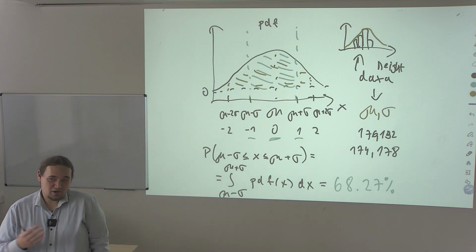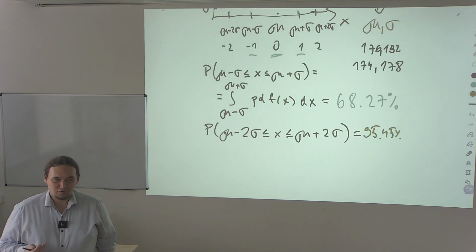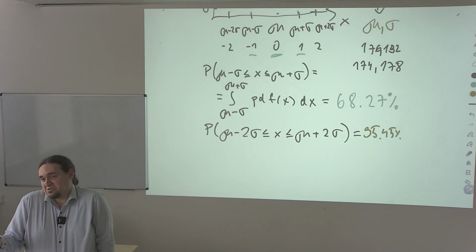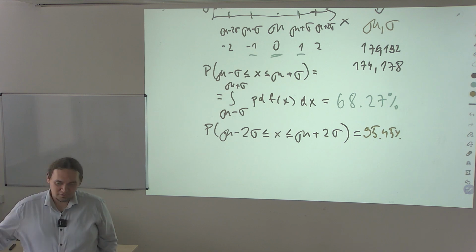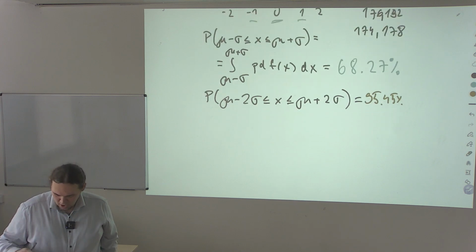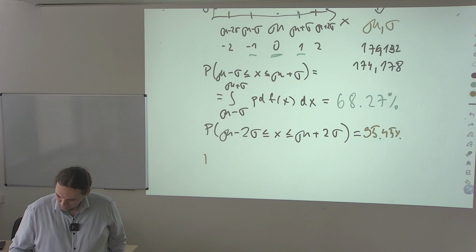That's not bad. If you are designing a controller for the temperature in your room, maybe you don't care about the 5% of the cases when it will go wrong.